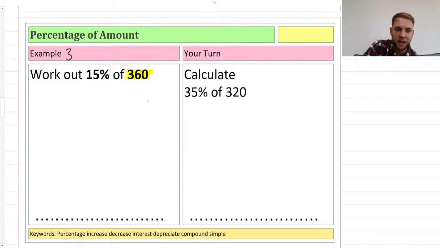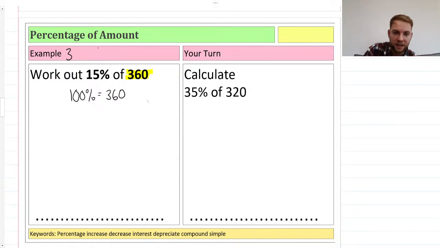So the first thing I would write is that 100% is equal to 360. Now to find 15%, the best way to do this, non-calculator methods, is to find 10% and 5%.